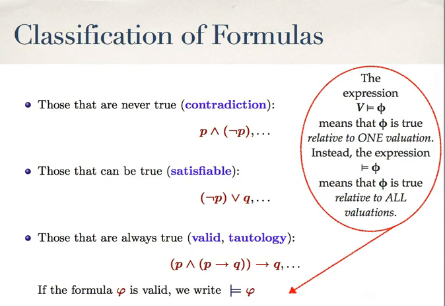Now, just as a matter of notation, remember, we write V makes true phi to indicate when a formula phi is true relative to one valuation, and the expression makes true phi without the specification of the valuation relative to which the formula is true means that the formula is true relative to all valuations.